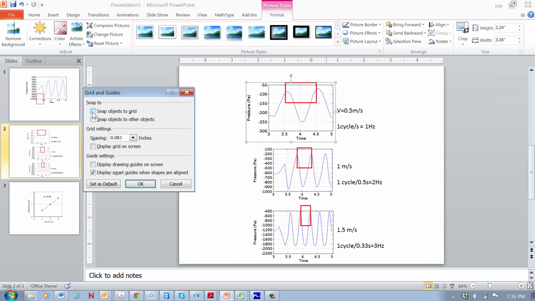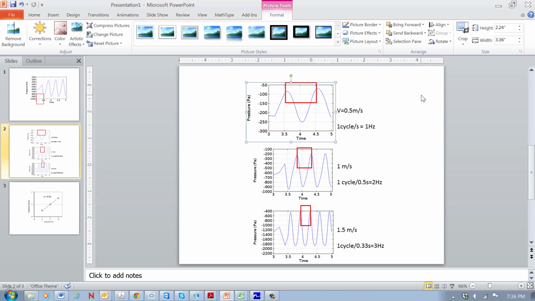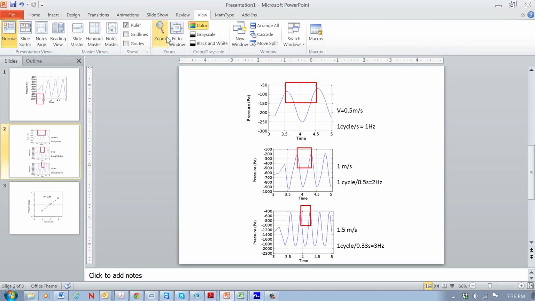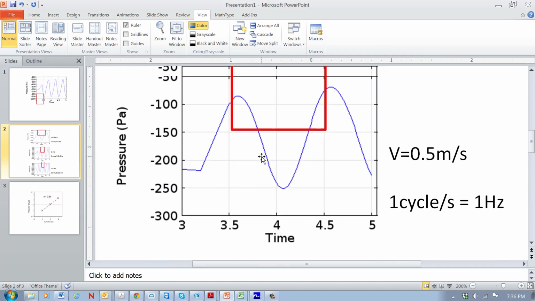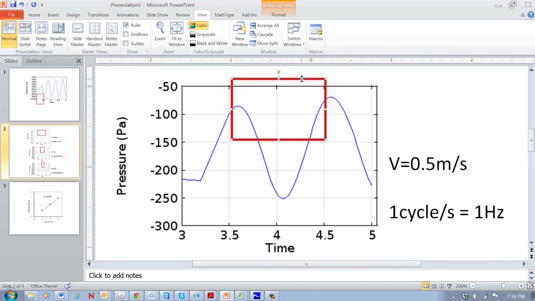Okay, I thought that it was snap objects to grid. I thought that was on, but it's not. So let's just try zooming in, get a little bit closer, and see if we can move this a little more accurately. Yeah, that's better. It was just I was zoomed too far out.